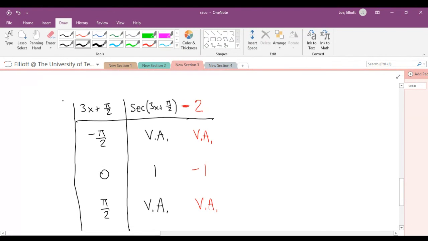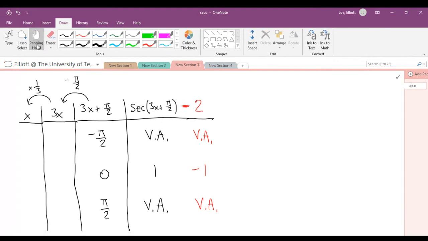To solve for x, I'd want to subtract pi over 2 from everything first. And then after I fill out that column, we'll also need to divide everything by 3, or if you will, multiply by 1/3 in order to solve for x, okay? So let's work on that next.